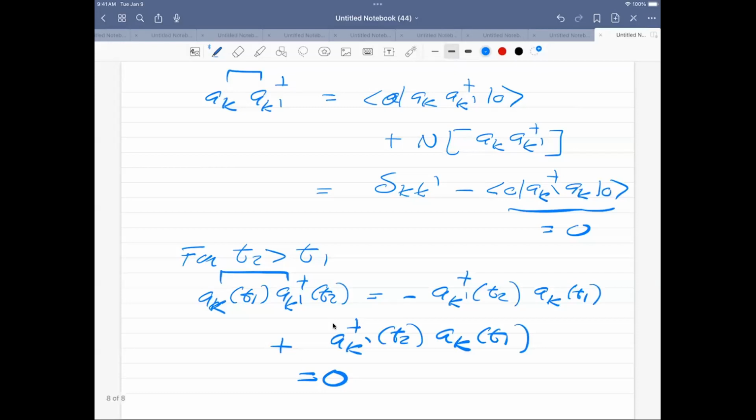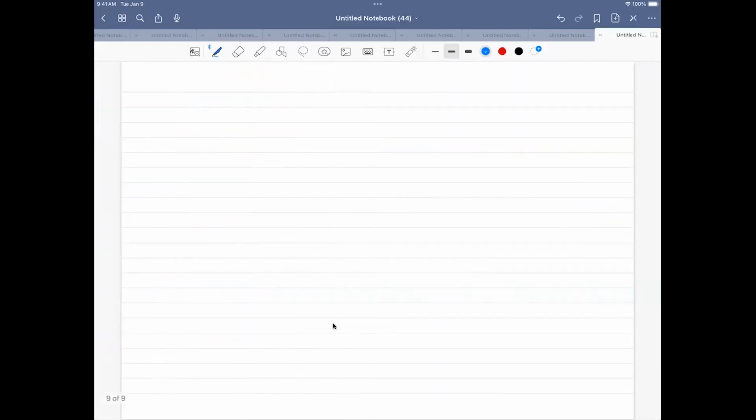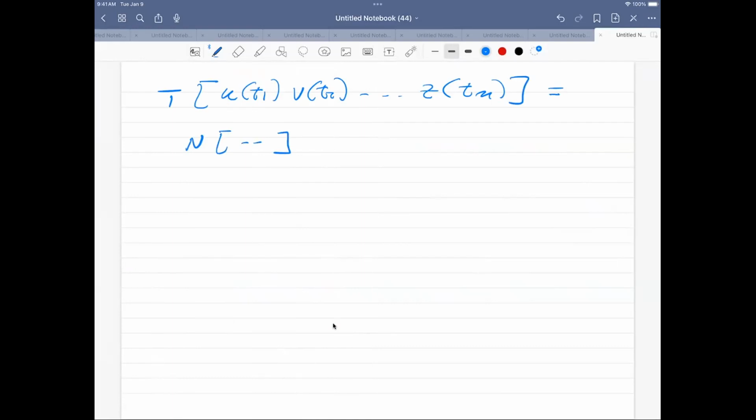So the new Wick's theorem, when we have a sequence of operators with a U of T1 and a V of T2, etc., up to an operator C of Tn here, the time dependent Wick theorem is now simply going to have the normal product of all these operators as before. It's going to have the sum over all the contractions over one pair of operators. So I'm just indicating that like this.